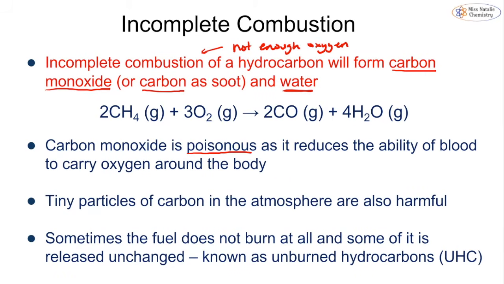And carbon monoxide is a poisonous gas. It's poisonous because it bonds with the hemoglobin in our red blood cells, and instead of the hemoglobin acting as a carrier for oxygen, the carbon monoxide irreversibly bonds with it and stops it from carrying the oxygen. So it essentially poisons the hemoglobin, stopping it from doing its job.